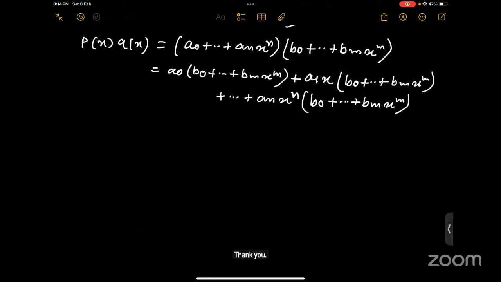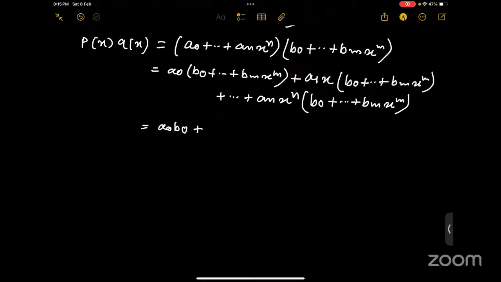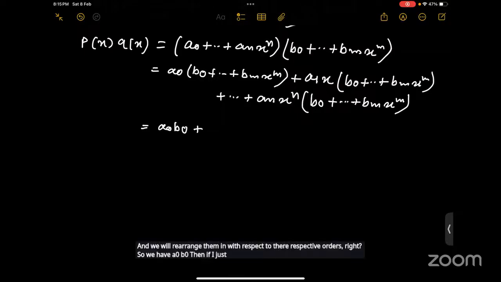Then we can break them and rearrange them with respect to their respective orders. So we have a0 b0. Then if I collect the coefficient of x to the power 1, what will we get?